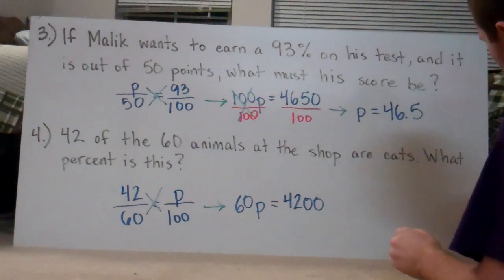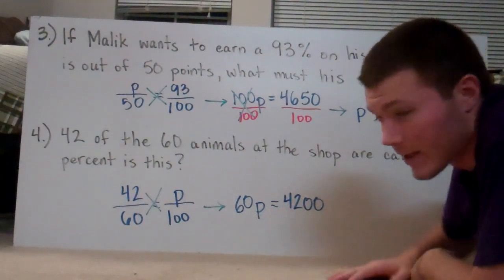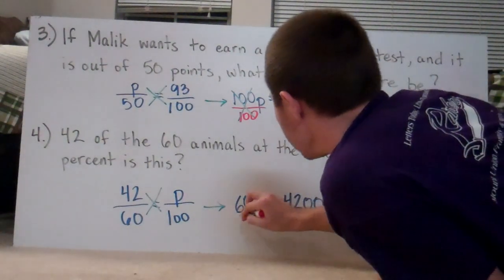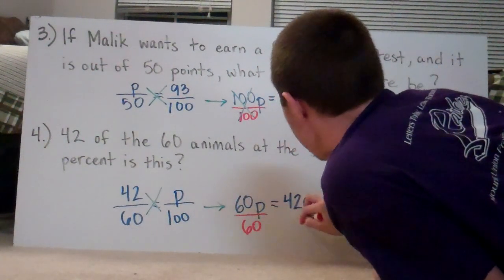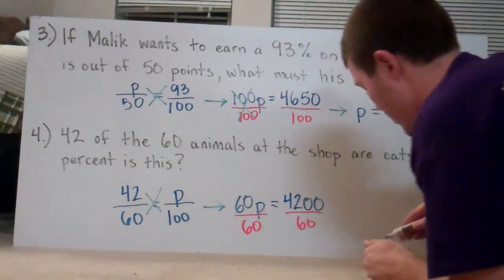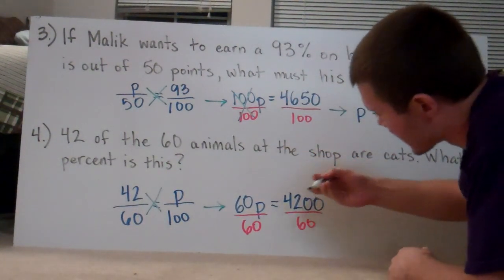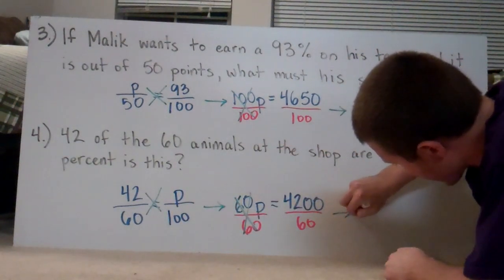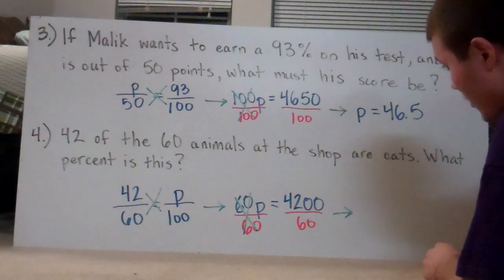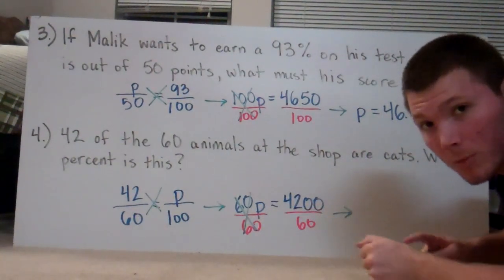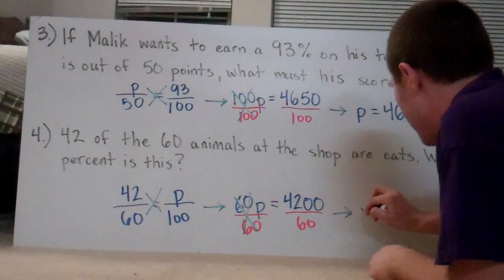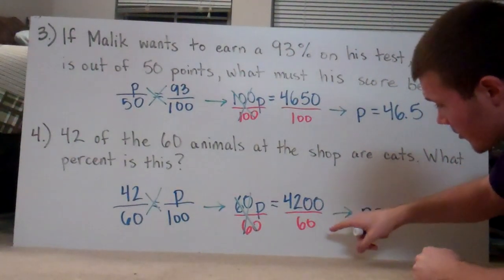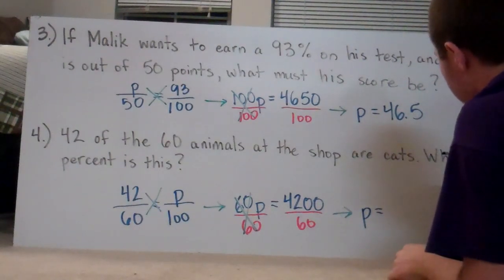Alright, so now I need to get the P all by itself, so I need to divide by 60 on both sides. So these 60s cancel out. Bring my work over here for the last part. P is going to be all by itself. And when I divide 4,200 by 60, I end up getting 70.